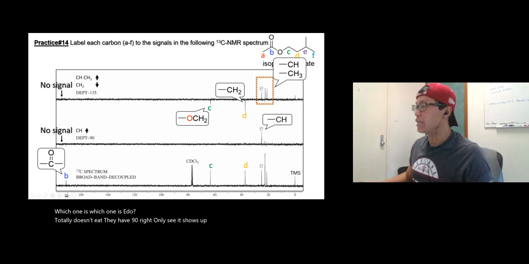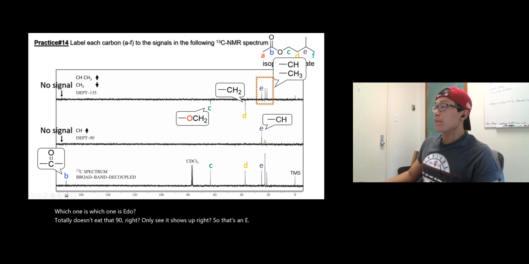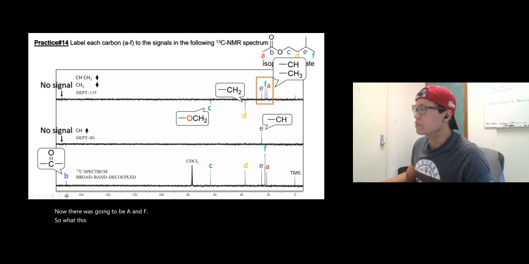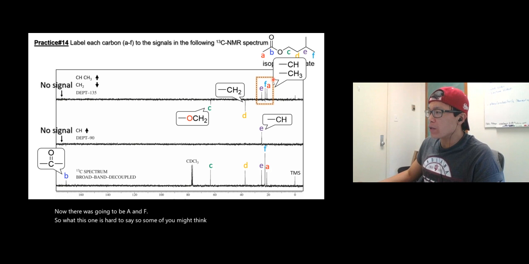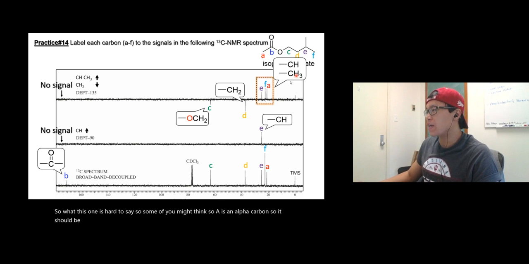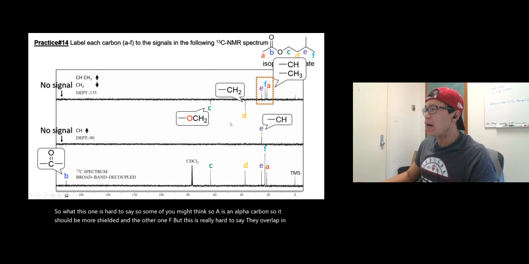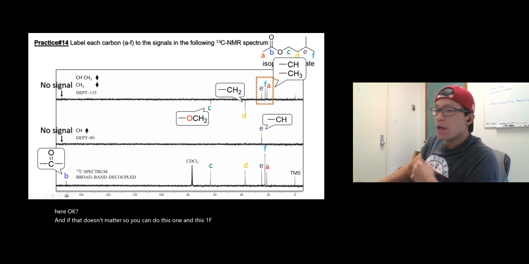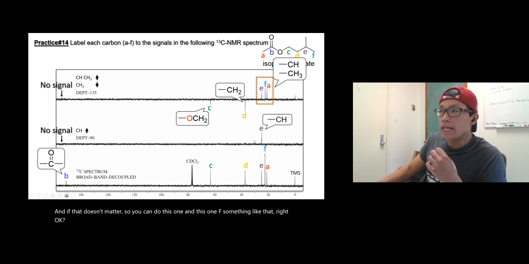So that's E. Now the rest are A and F. This one is hard to say. Some of you might think A is an alpha carbon, so A should be more shielded and the other one is F, but it's really hard to say because they overlap in here. A and F, that doesn't matter. You can do this one A, this one F, something like that.